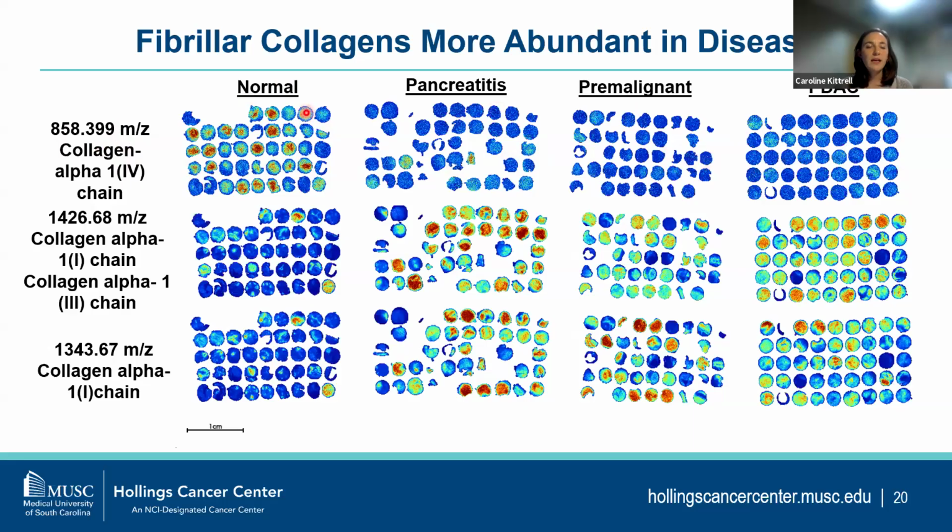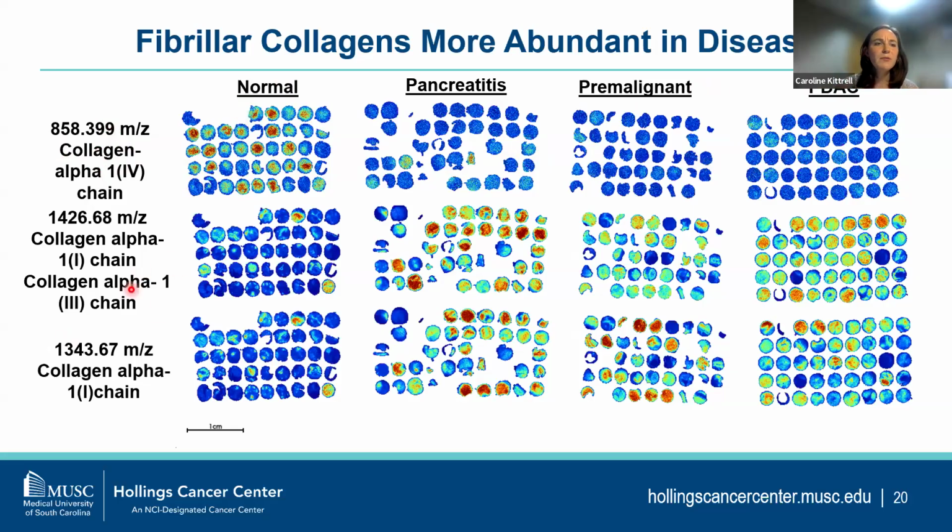We think that makes sense biologically because the COL4A1 peptides are part of a family of collagens that make up basement membranes. And part of the development of cancer is the invasion and destruction of basement membranes to allow for the development of carcinoma. So it really makes sense that we're seeing it only in our normal areas.